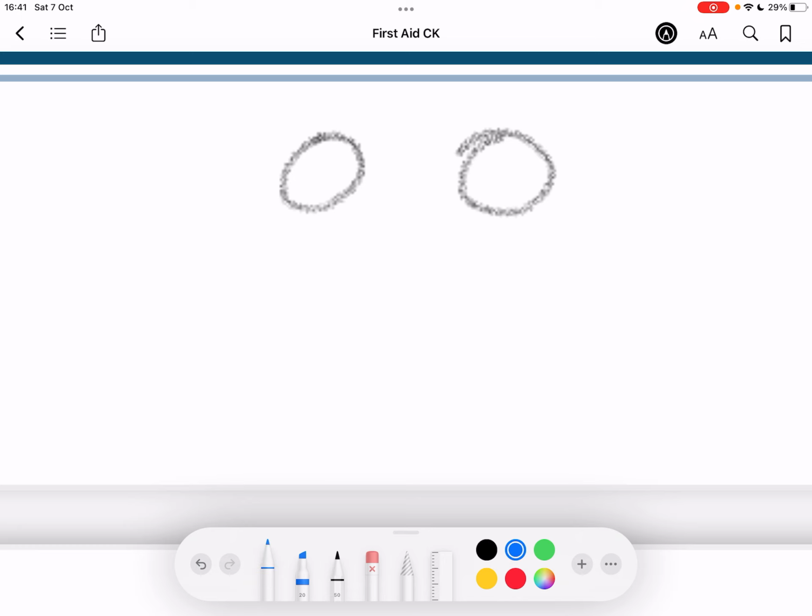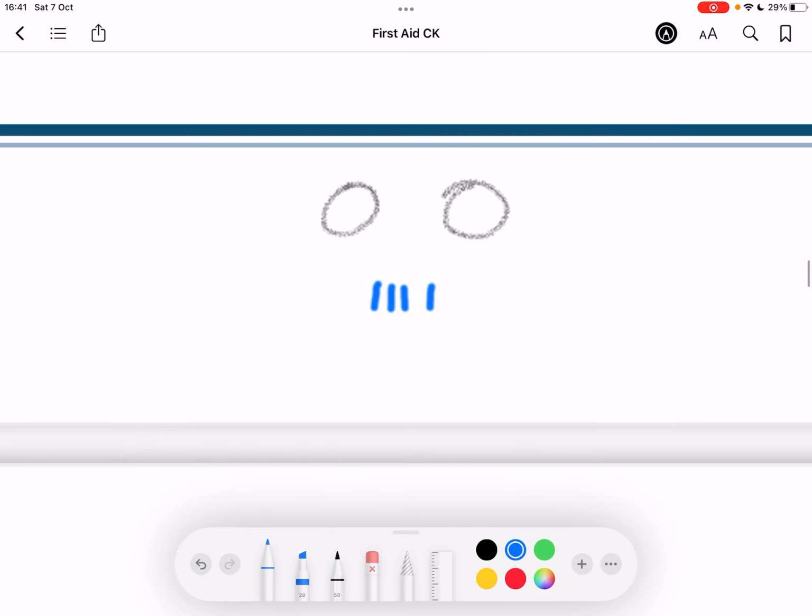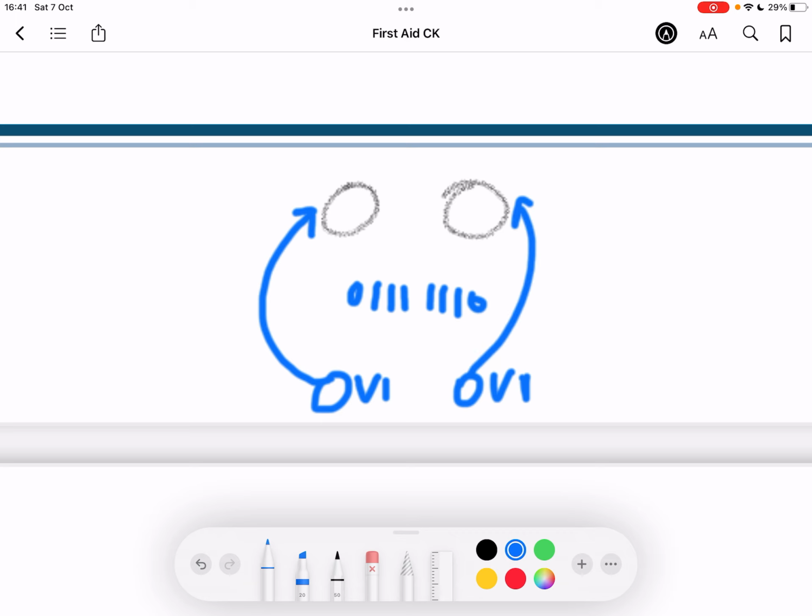We have the cranial nerve 3 nuclei, which would be here, and then we have the cranial nerve 6, the abducens cranial nerve. The abducens cranial nerve is going to be doing input to the lateral rectuses, and your cranial nerve 3 is going to be doing input to the medial rectuses, all ipsilaterally.